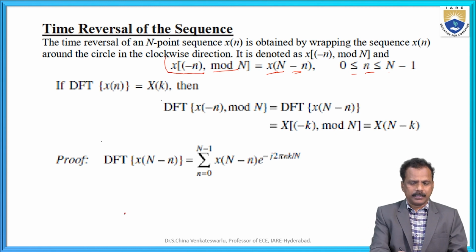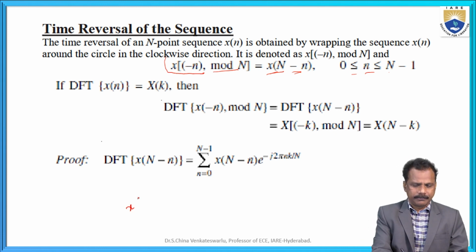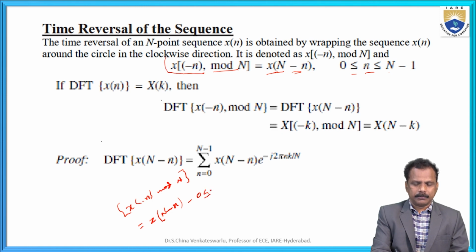That means x of minus n with mod N is also equal to x(N - n), using the condition 0 less than or equal to n less than or equal to capital N - 1.